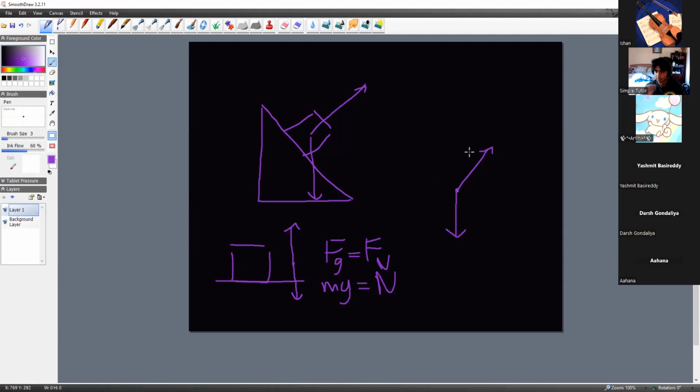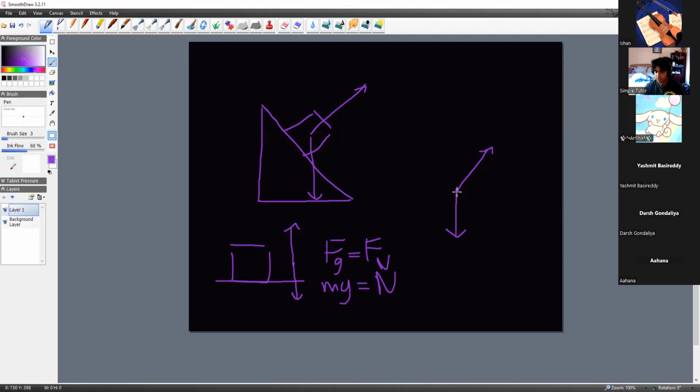So that's where our components come in. So for the purposes of actually drawing the free body, we don't need to know our components. But when we need to set up equations based on the free body, is when we need to start focusing on components. So typically in these scenarios, this is the most common physics scenario where you really need to draw components.